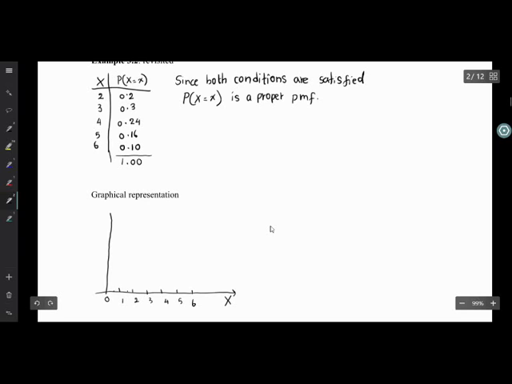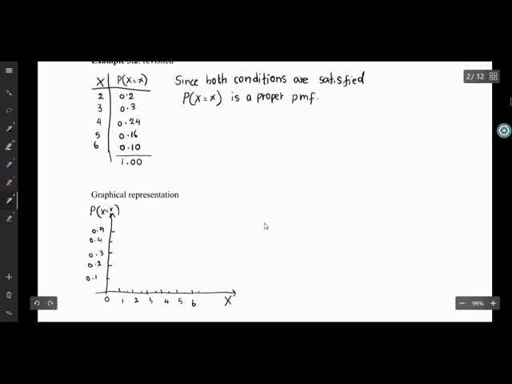These are the midpoints. And we have the probability p(x) on our y-axis. Try to draw them in approximate scale. So it will go up to 1.